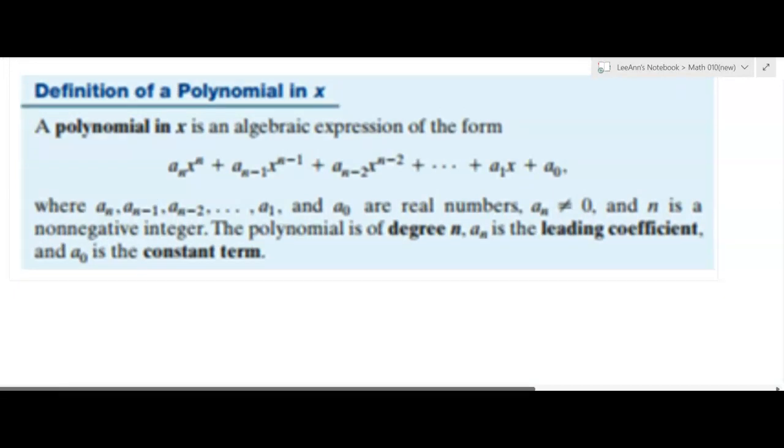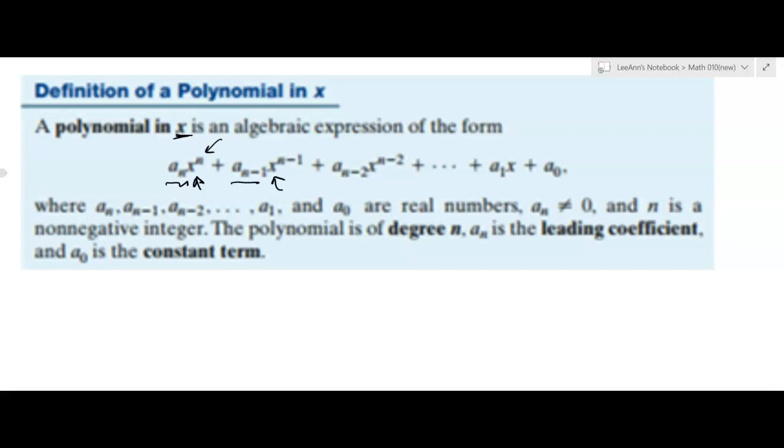I know it's a little blurry. The polynomial is in the variable x. They don't have to have it be an x, but this time it is. And it comes in the form where you have a coefficient, and then you have some term to some exponent. So maybe the highest exponent is n. And then you have the next coefficient, and the next term, 1 less, so x to the n minus 1.